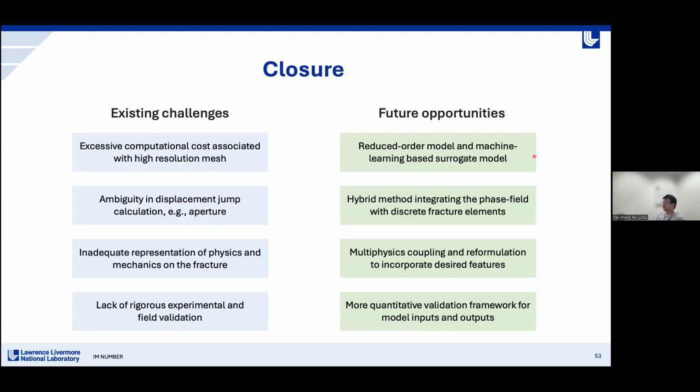At this moment, I also see many researchers, including myself, taking efforts to make the model more comprehensive and also more robust. So I also like to take this opportunity to let more people in the rock mechanics field be aware of this tool and hopefully can have more applications in the geomechanics community in the future.